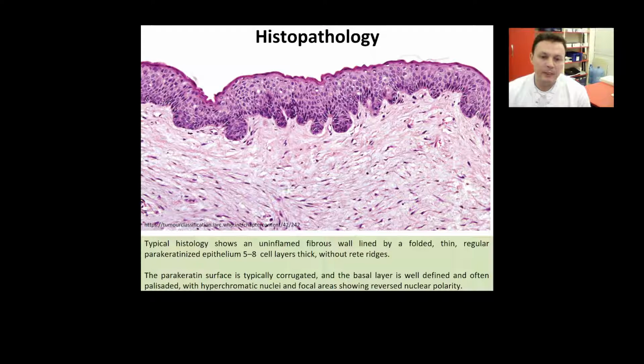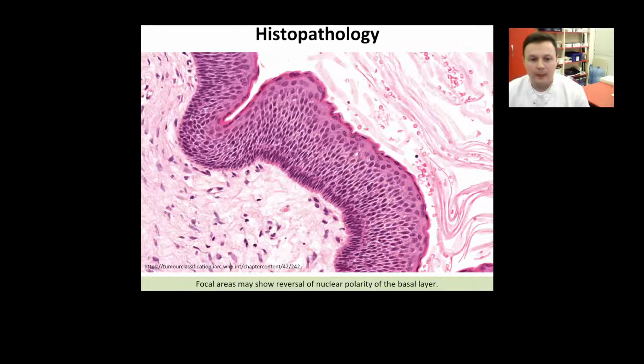Histopathology. Typical histology shows an uninflamed fibrous wall lined by folded, thin, regular parakeratinized epithelium, 5 to 8 cell layers thick, without rete bridges. The parakeratin surface is typically corrugated.